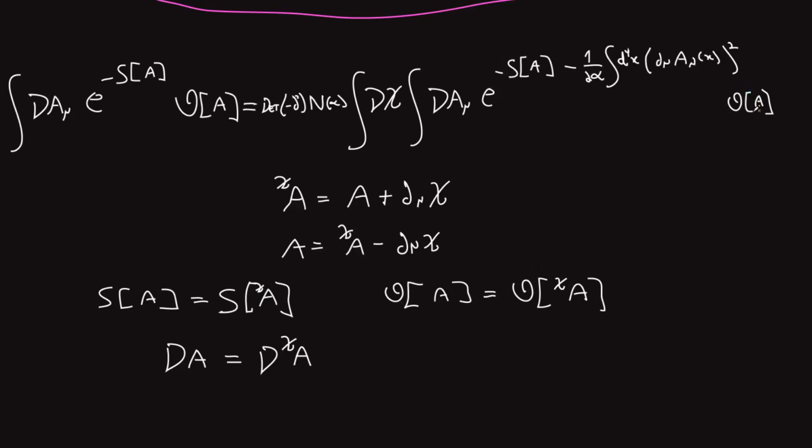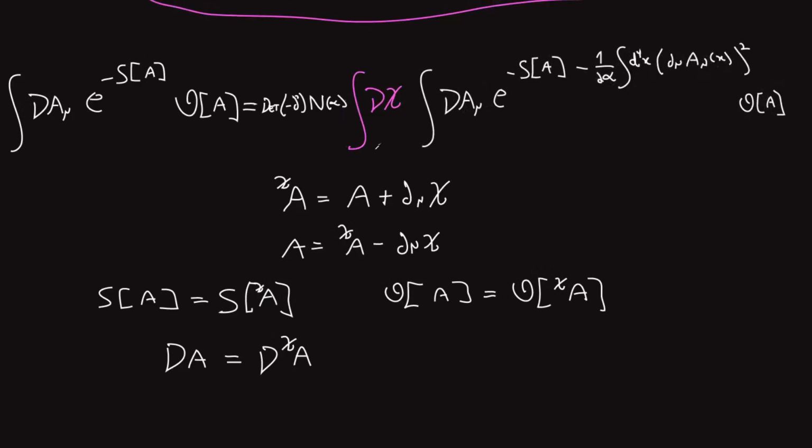Once I do that, this integral out here becomes just a huge volume, because there's nothing that depends on χ here. This is just a number. This one is just a number, that multiplies these other two numbers here, by the way.